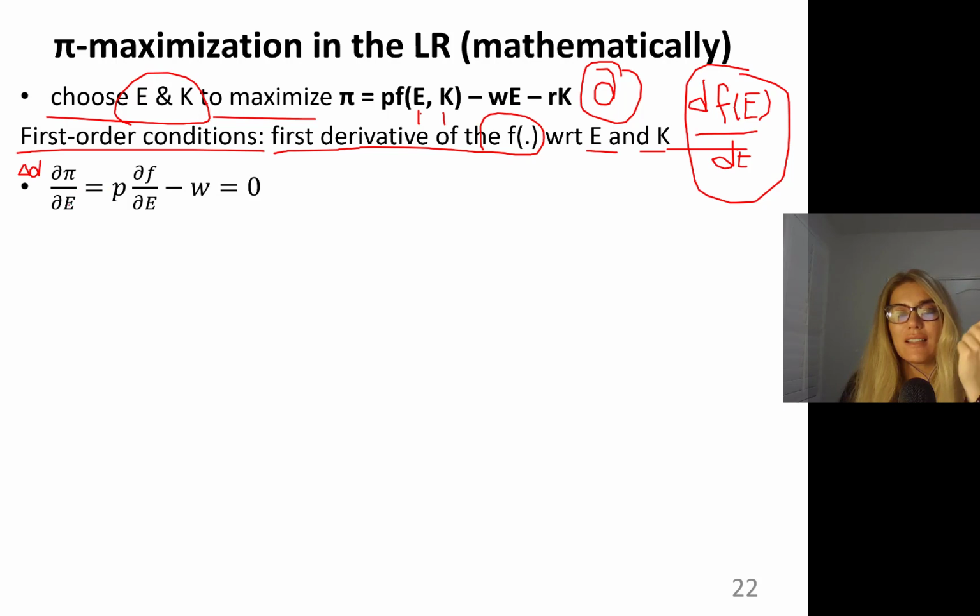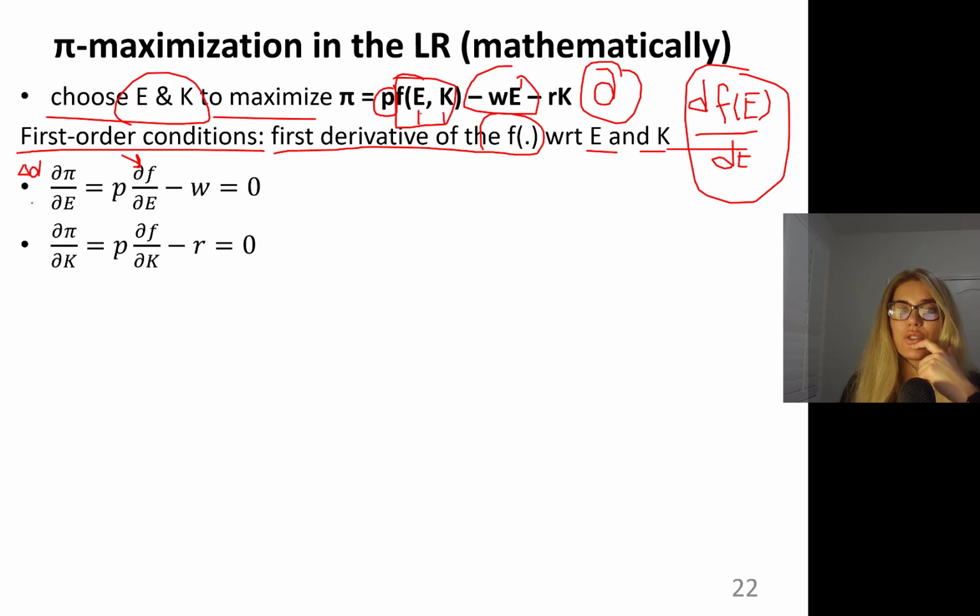With respect to E, delta E is going to be the same idea, price, but now the partial derivative of F with respect to E. So this is called the partial derivative, because if you have more than one variable, that's called partial derivative of F with respect to E minus, same thing, minus WE, first derivative of anything that has power 1 just disappears, minus W equals 0.